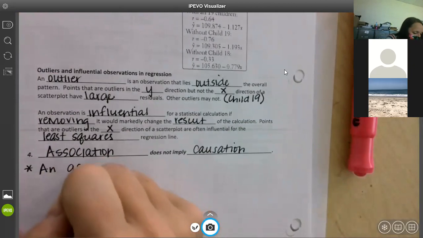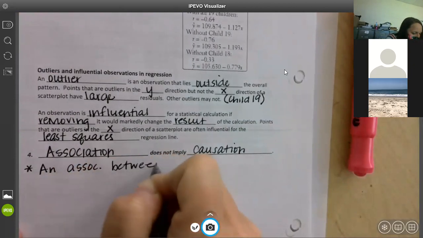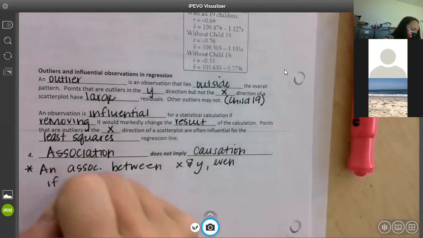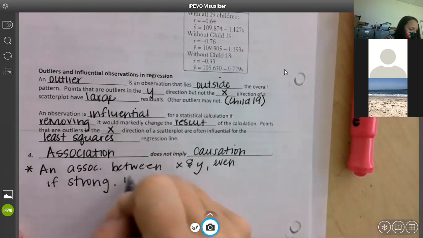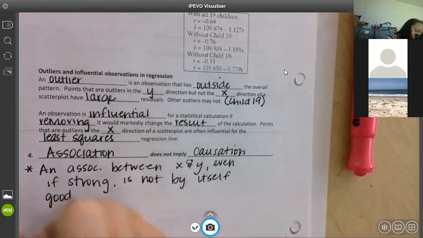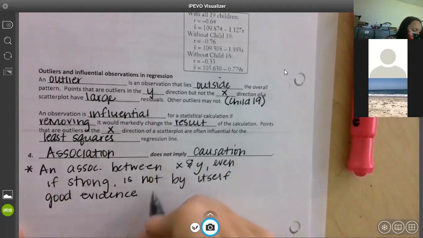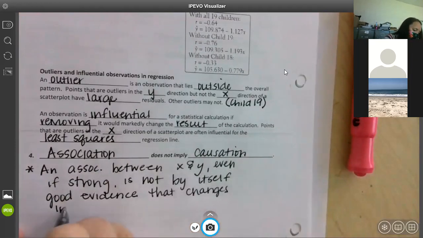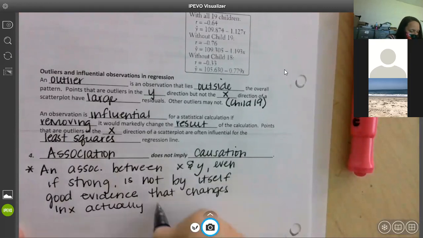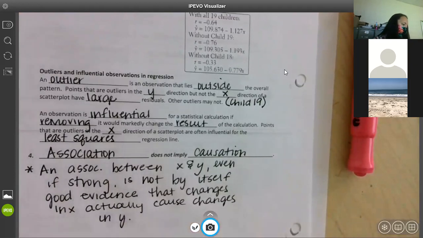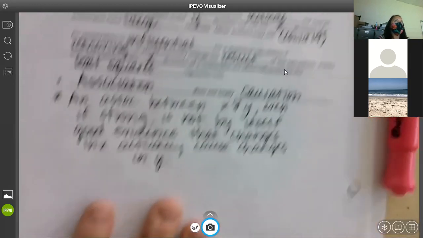An association between X and Y, even if it's strong, is not by itself good evidence that changes in X actually cause changes in Y. So there are more things that we need to know and understand. Sorry, I'll try to make it a little bit bigger so you guys can see it.